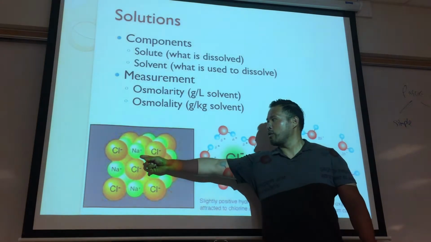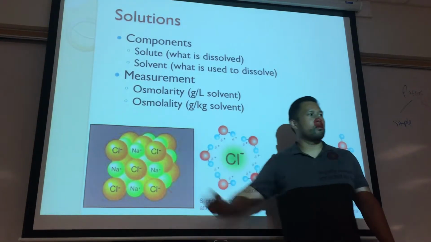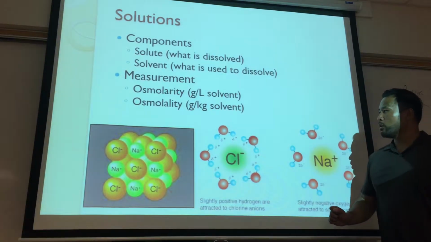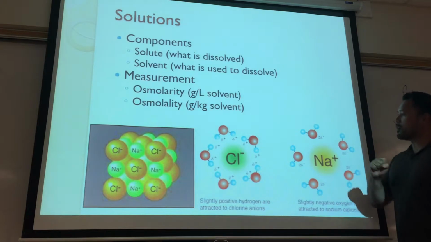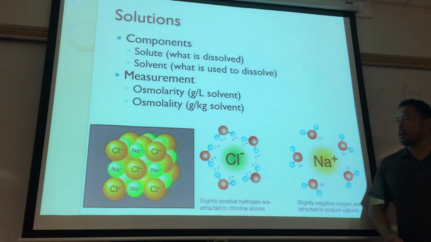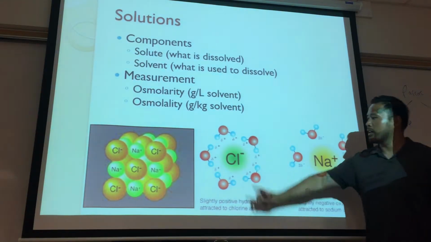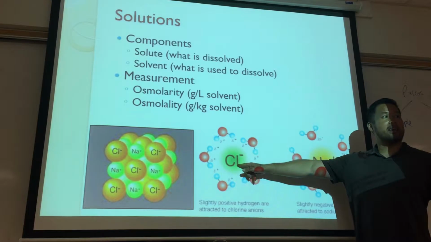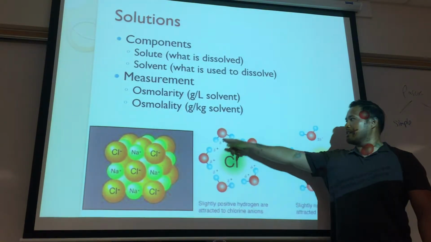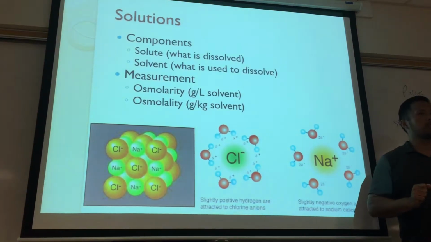We have sodium and chloride ions that are bound together through an ionic bond, and when immersed in water, they will get separated. You'll get the separation of these ions. The chloride ion, which is an anion, a negative ion, is going to get surrounded by the electropositive hydrogen atoms of the water molecules.